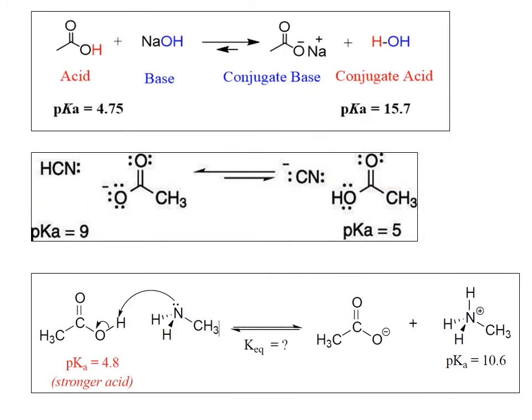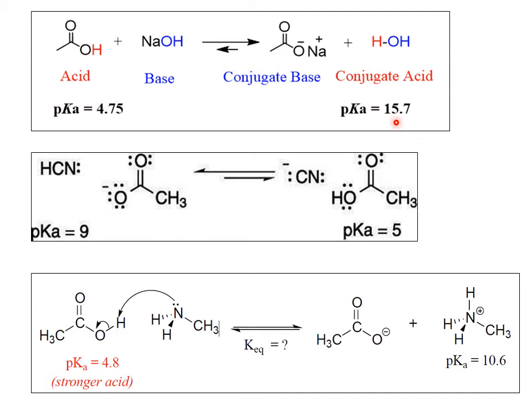So if you are given this example, okay, first reaction is between a carboxylic acid and an OH. This is the carboxyl group and an OH group. pKa of the carboxylic acid is 4.75 and the pKa of the conjugate acid water is 15.7.